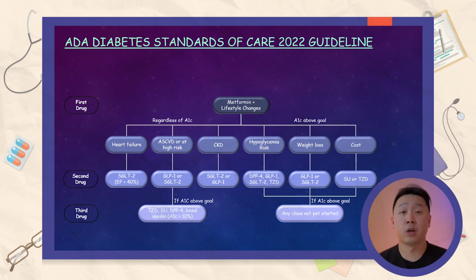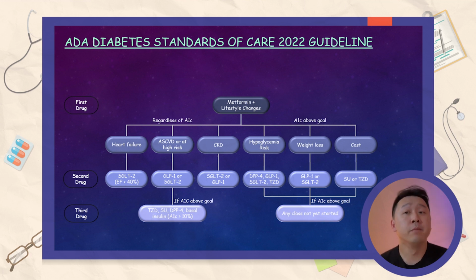This includes controlling carbohydrate portions as well as exercising. The first drug of choice is metformin for diabetic patients. Metformin roughly gives about a 1.5 A1C reduction at max dose and is also the first line of therapy in addition to lifestyle modification.